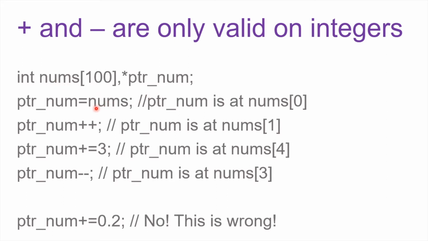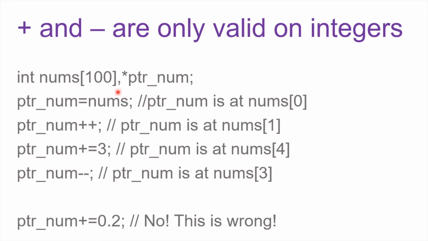As we have introduced previously, the name of an array is actually the starting address of that array in the memory. And in the memory, an array will be saved in a way that each of its member variables are next to each other. For example, nums0 is followed by nums1, nums2, nums3, and so on and so forth.